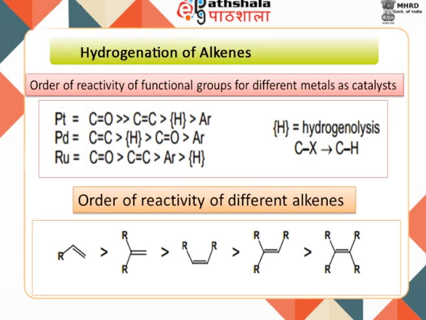For different hydrogenation metal catalysts, an empirical generality has been observed in their selective hydrogenations of a functional group in preference to another, which is depicted in the figure here. Similarly, when the substrate is an alkene, the more the steric hindrance, the less the reactivity. The decreasing order of reactivity of different alkenes is given here.